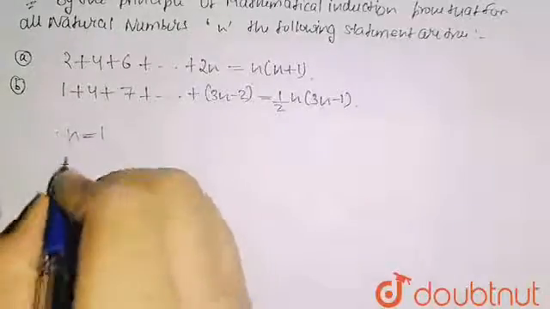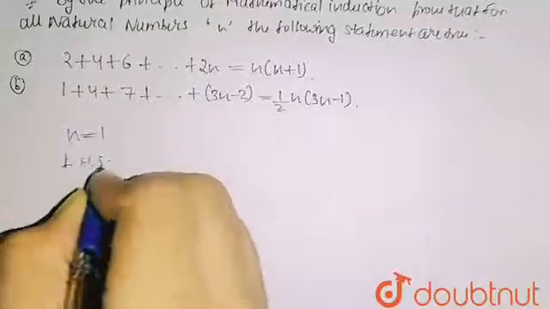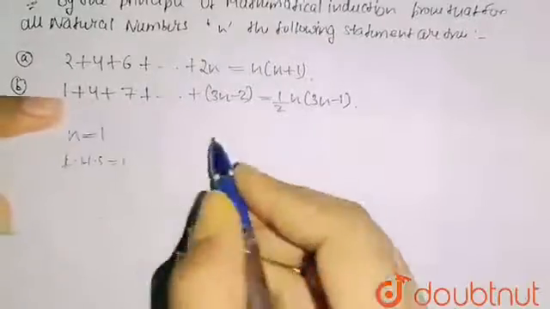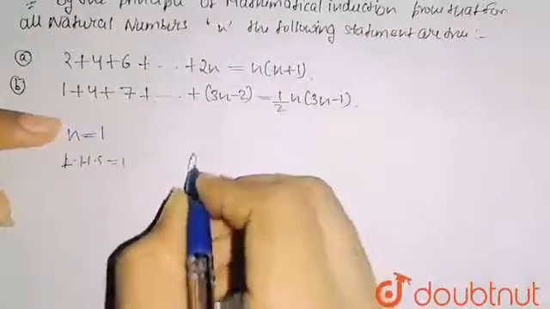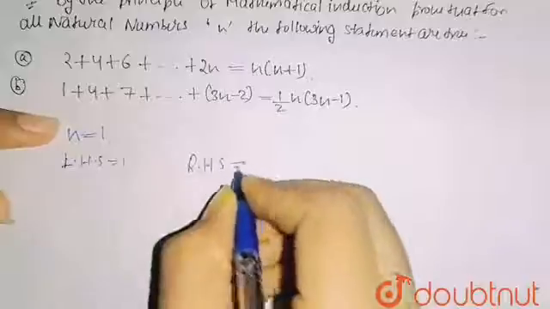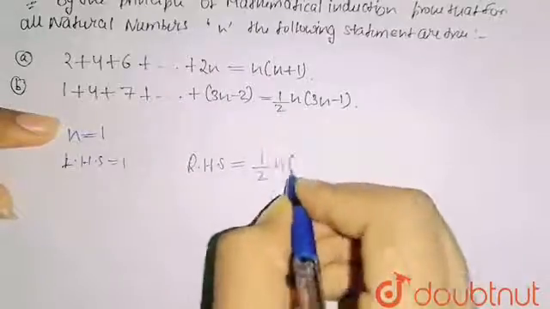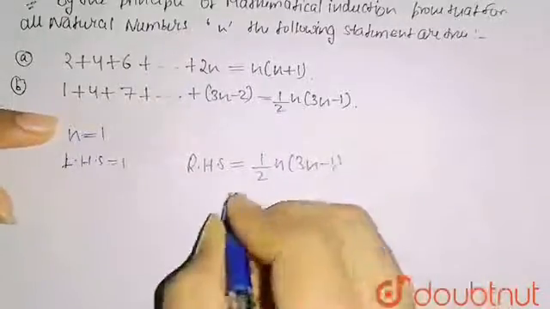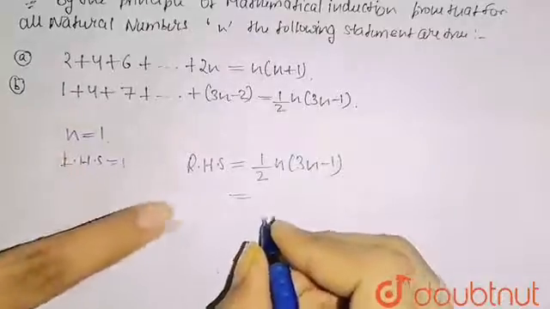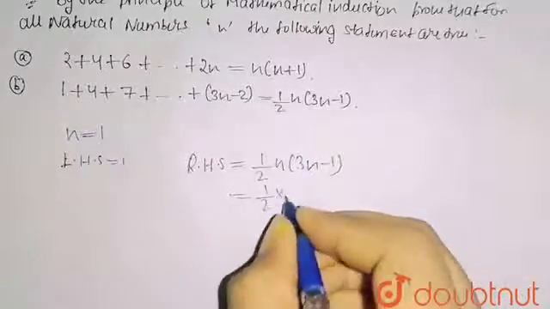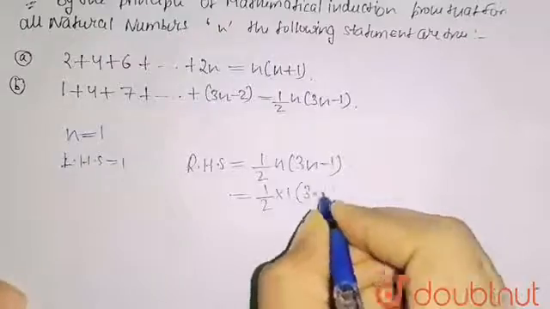Okay. So in my LHS, it is given 1 as you can see here. And my RHS is 1 by 2 n 3n minus 1. When I will put n equals to 1 in this part, so 1 by 2 into 1 and 3 minus 1.